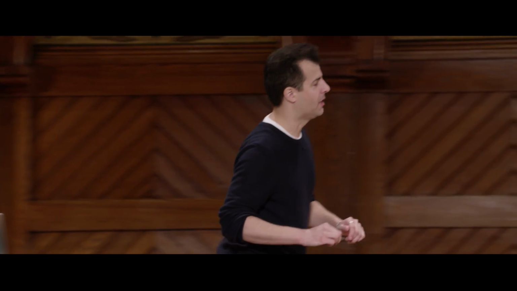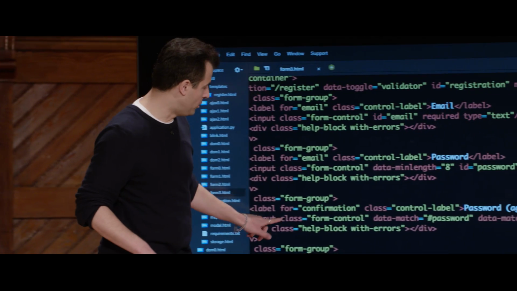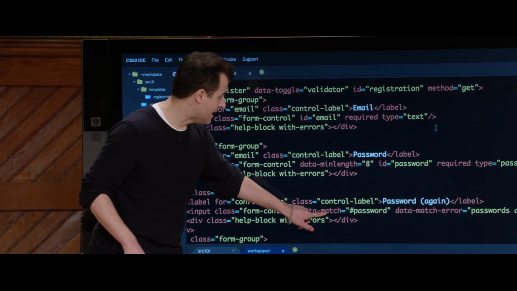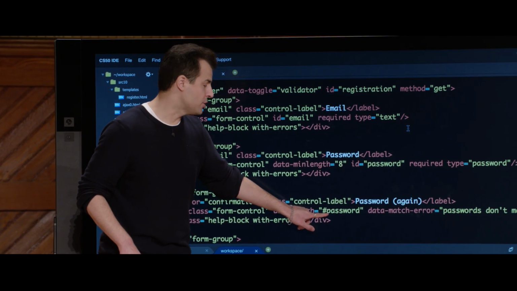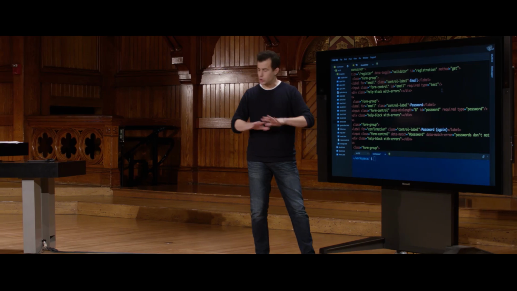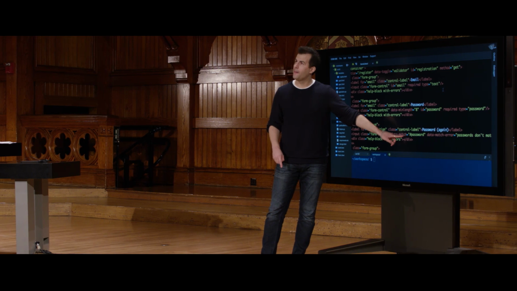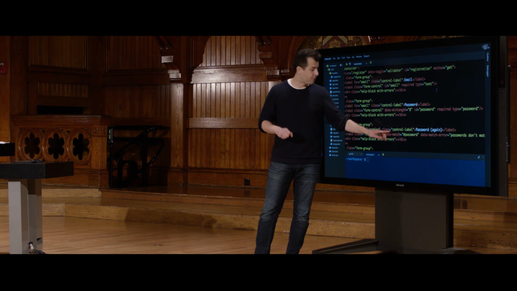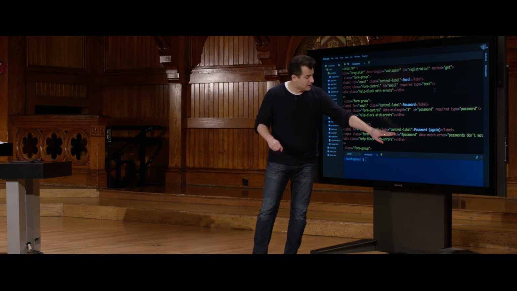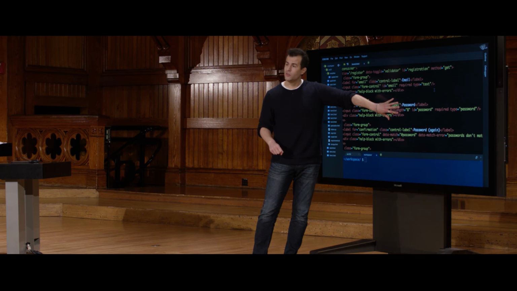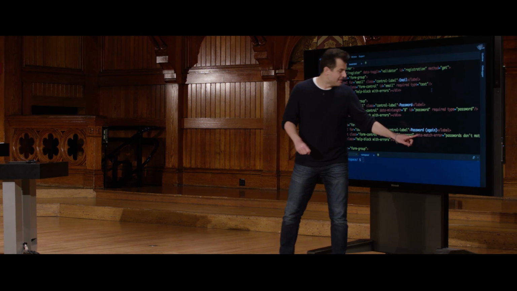Down here, it's a little more advanced, but I just figured this out by reading the documentation. Down here, notice, I've got that confirmation text box that's also an input with a Bootstrap class, data-match equals #password. So this is, and you'd only know this from the documentation of the library, how the author decided to let us configure this text field in such a way that it must match this password field. And you know what? data-match-error.